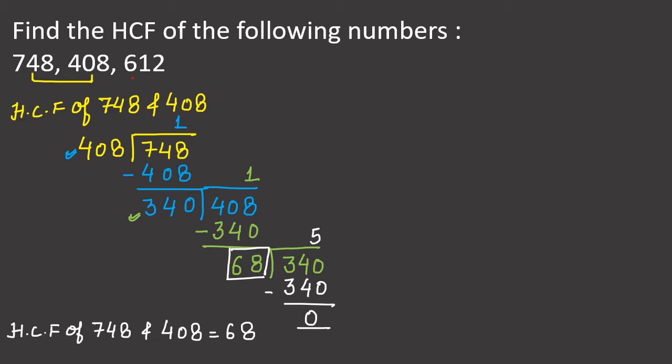Still, we have one more number, that is 612. So, in the next step, we will find out the HCF of 612 and 68. 68 is the HCF of first two numbers. So, whatever is the HCF of first two numbers, we will find its HCF with the other one, the last number which is left.